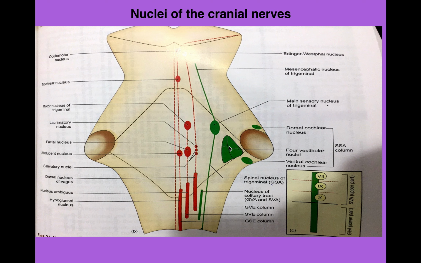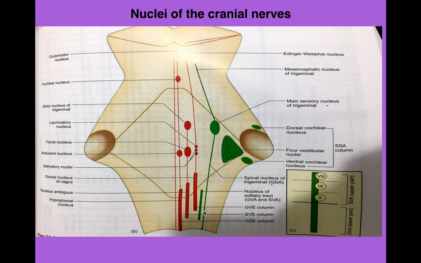And then we have the glossopharyngeal nucleus. Namely, we have the nucleus ambiguus, the inferior salivatory nucleus, and the nucleus tractus solitarius, which are at the medullary level. And then we have the vagus nuclei, which are the nucleus ambiguus, the dorsal nucleus, and the nucleus of the tractus solitarius, which are also at the medullary level.